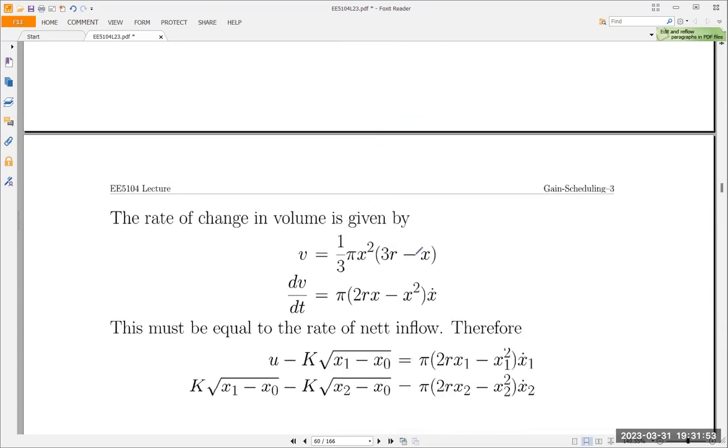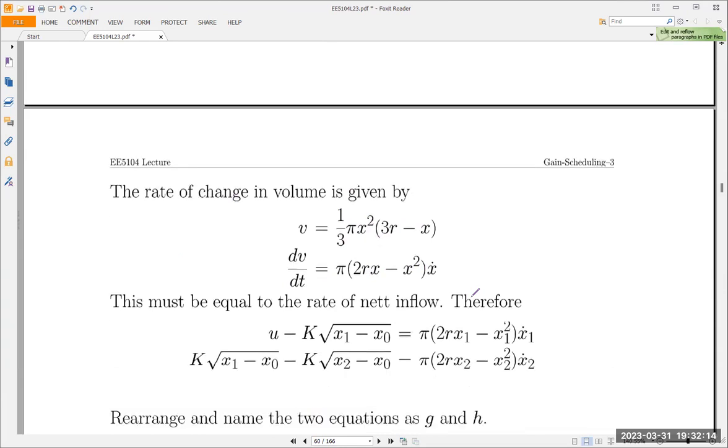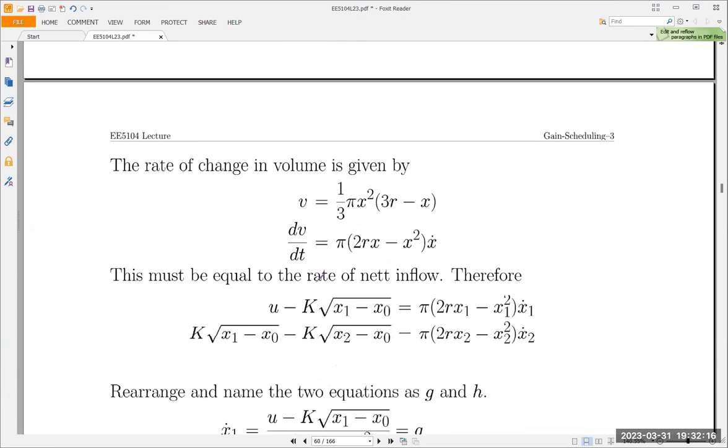Okay? Then you differentiate dV/dt. So if you differentiate, you take this one, put 2, differentiate x squared, you get 2x times x dot. So you get this. Okay, then now think of 1 second because it's a rate.